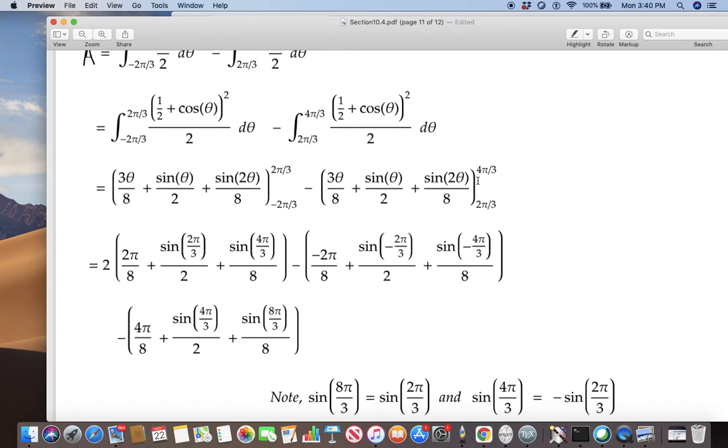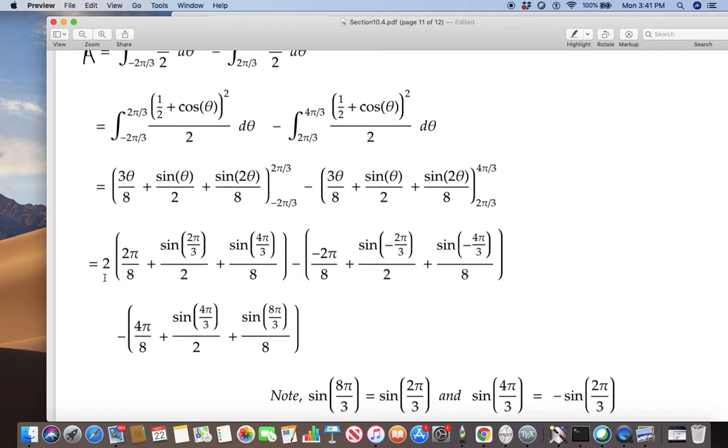Because this is being subtracted along with a subtraction, I'm actually adding this evaluation, hence the 2. This 2 is the first evaluation at 2 pi over 3 minus the second evaluation at 2 pi over 3. So therefore I have 2 of these.